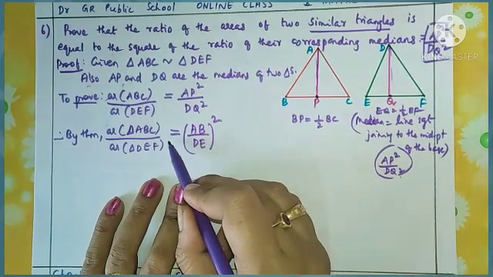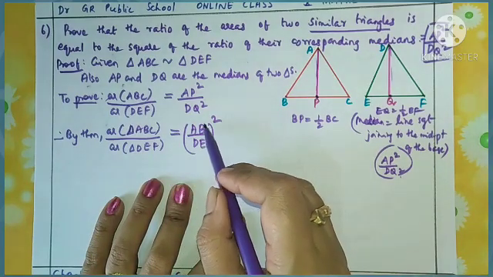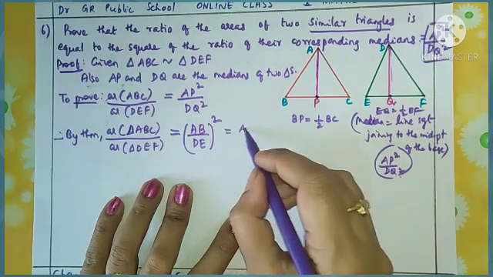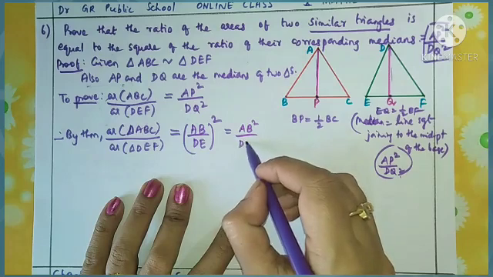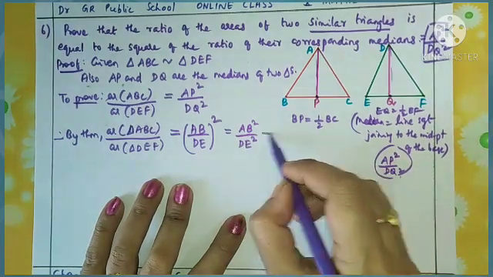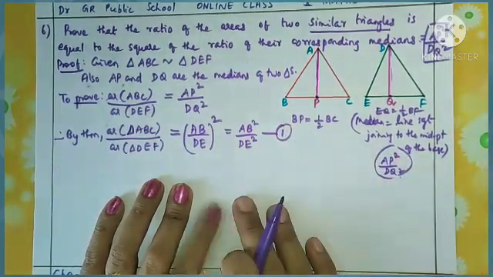Correspondingly, that is equal to the ratio of the square of the corresponding sides. So this I can write as AB square by DE square. We need this in further steps, so take this as result 1.